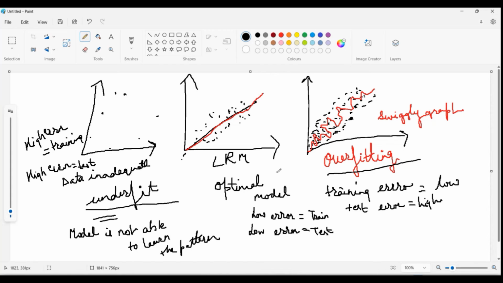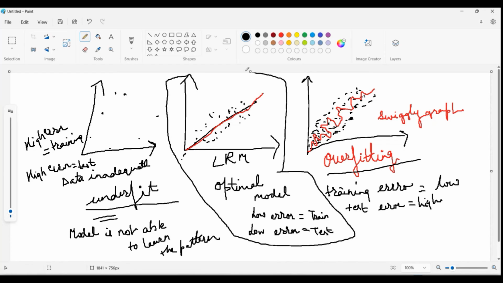So now when you have to achieve this optimal model which we are thinking of, this should be our model. It is also known as a generalized linear model.